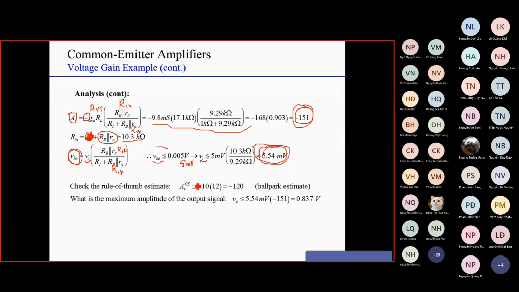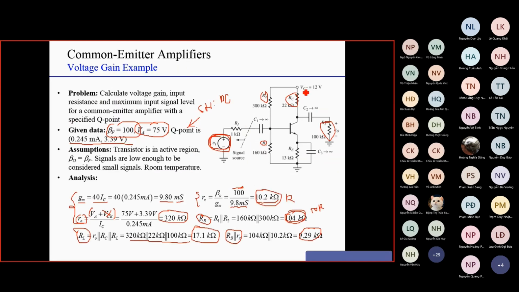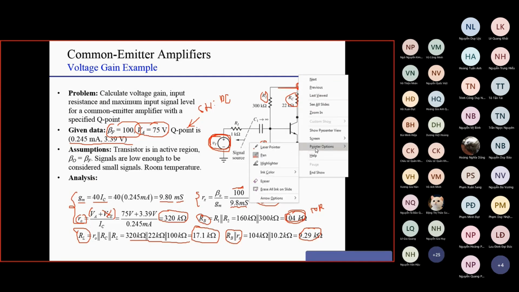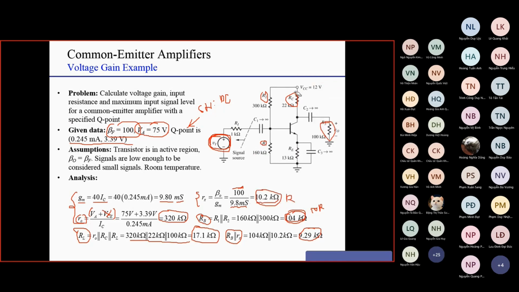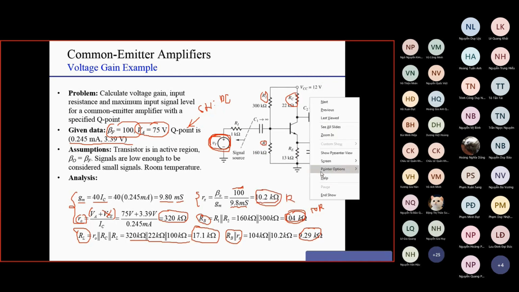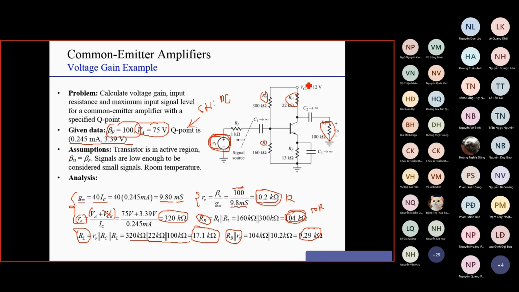As a rule of thumb, when you calculate this common emitter, the voltage gain of the common emitter is somewhere around 10 times VCC. Here VCC is 12 volt, 10 times VCC means 120 volt.